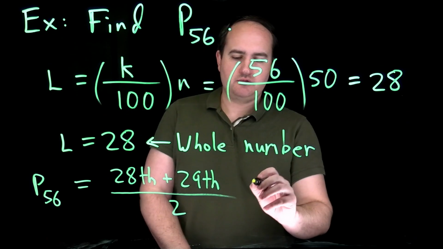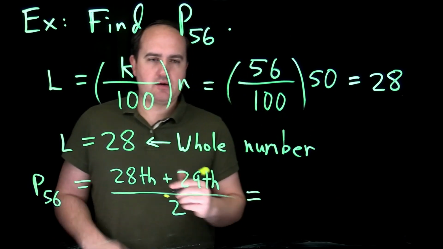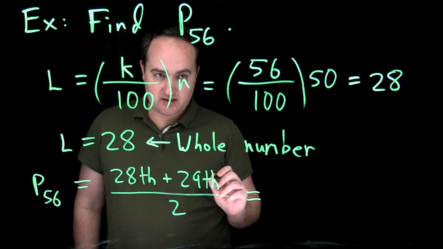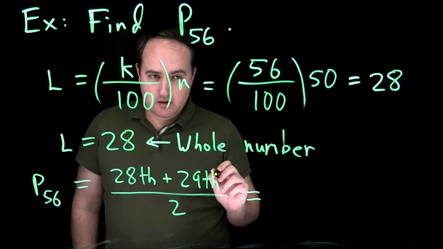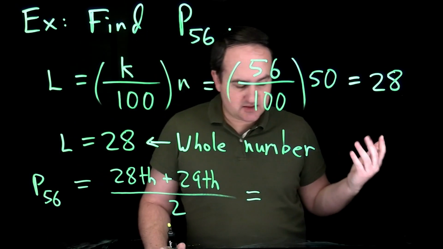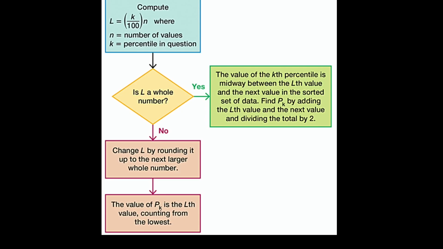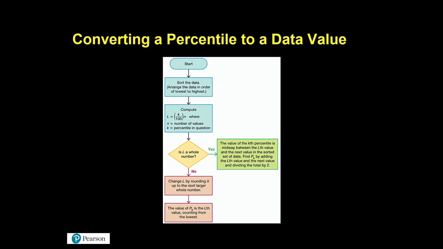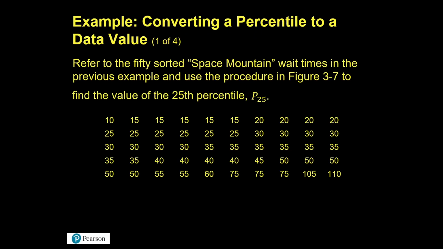So all we have to do now is figure out what the 28th and the 29th data values are by looking at the table. Okay, so let me zoom out here and then return to the table. So looking at this table, the first row has 10, the next row goes to 20. So then the third row is what we're looking at.